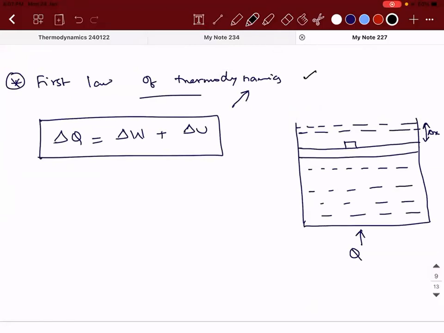So what does the first law of thermodynamics state? The amount of heat that you supply to the system will be equal to the amount of work done plus the increase in internal energy.